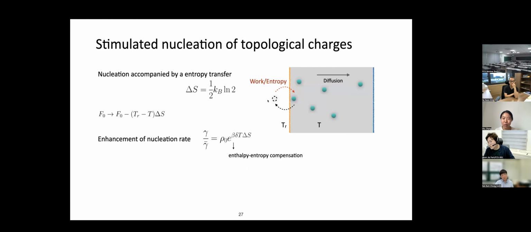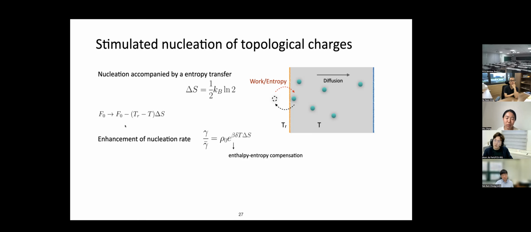So now, instead of work accompanying topological charge injection, we can consider an entropy transfer accompanying the injection. And in this case of topological superconductor, the entropy transfer is exactly 1/2 of k_B log 2.